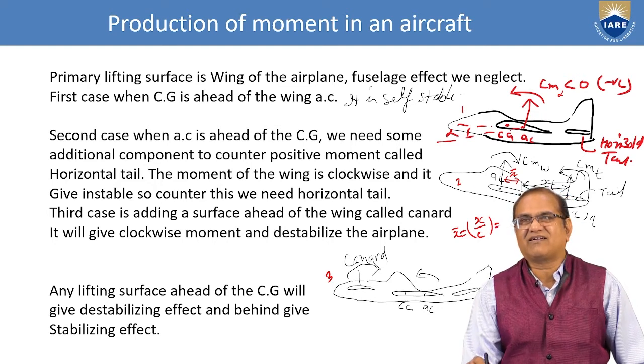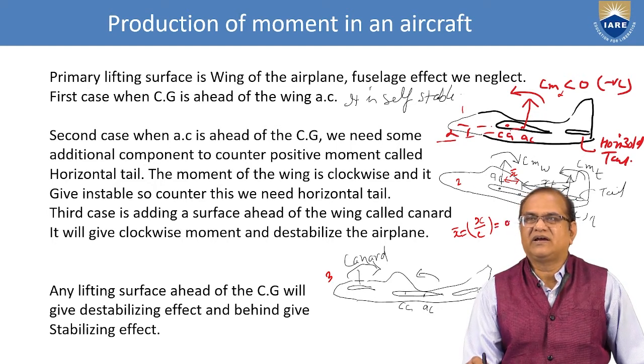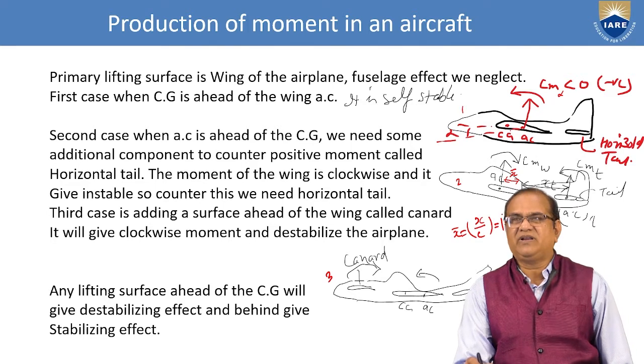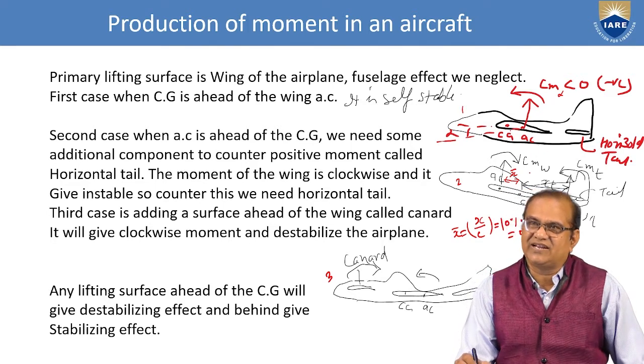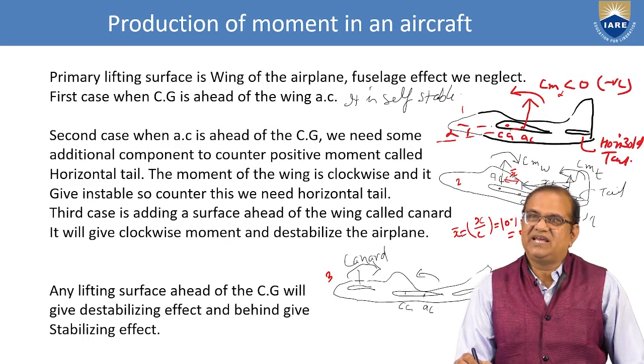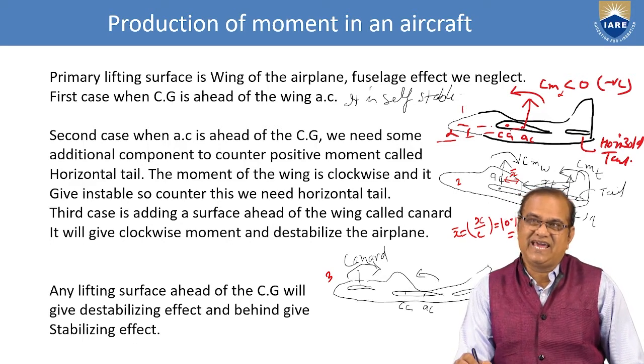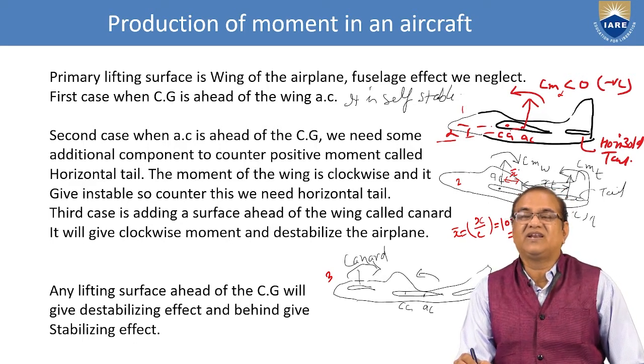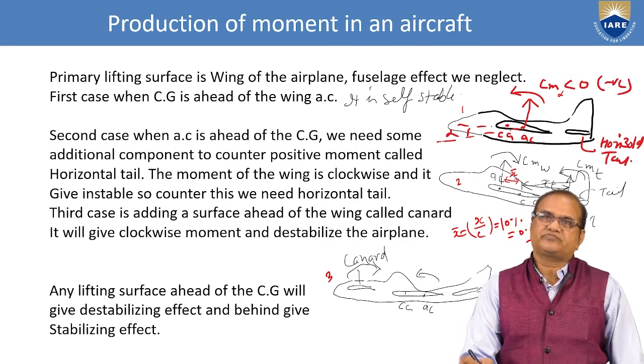So it will come in percentage, or we can write 0.1. This is a non-dimensional number, because here we are taking non-dimensional coefficients, so we should also take the non-dimensional x bar. It will not have a unit, because it is divided by the chord length.